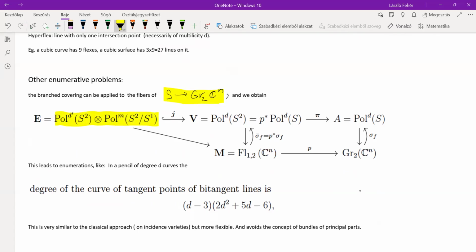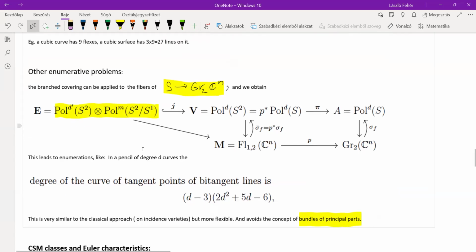Instead, what shows up is the bundles of principal parts. And I still don't know if what is on this diagram is a bundle of principal parts or not. The Chern classes are the same.